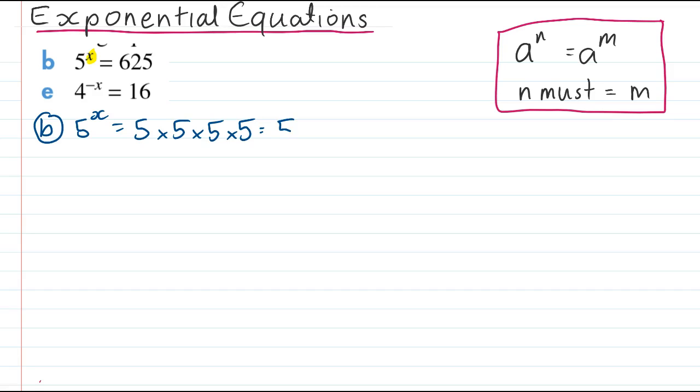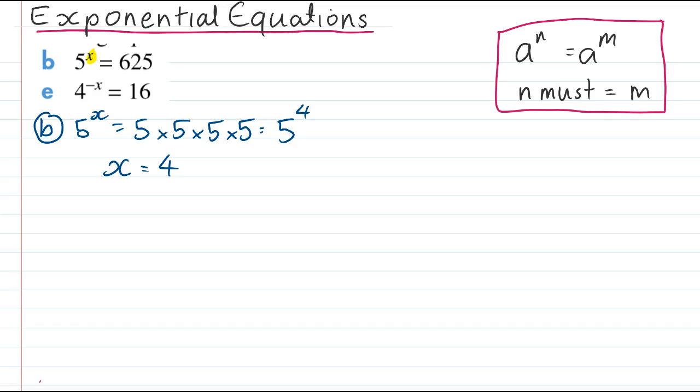So we know that 5 to the 1, 2, 3, 4 makes the 625. So 5 to the x is equal to 5 times 5 times 5 times 5, or 5 to the 4, so x has to equal 4. And we've solved it.